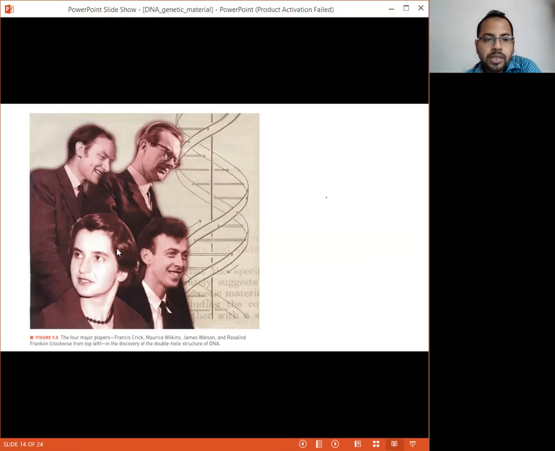And these are very well-known faces. Can you name them? Who are they? They are the pillars for solving the problem of the DNA double helix structure.